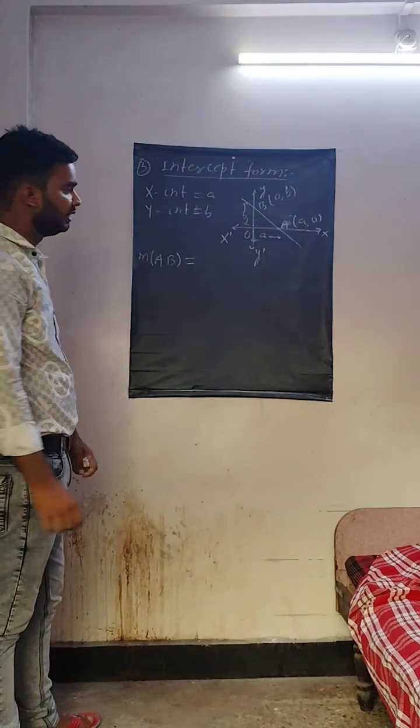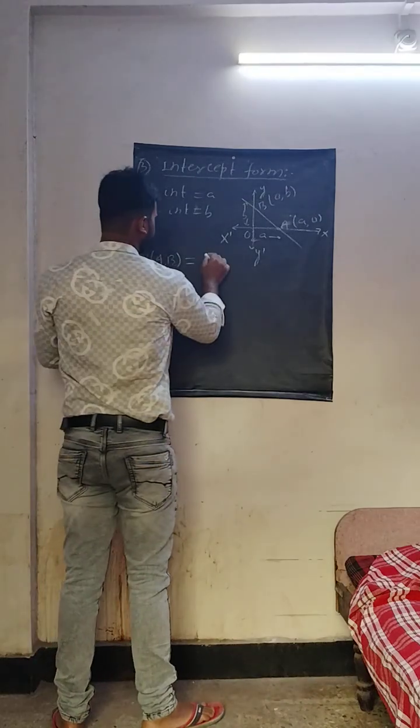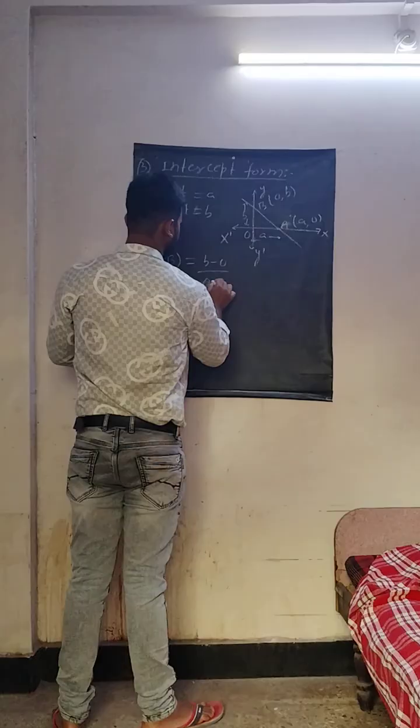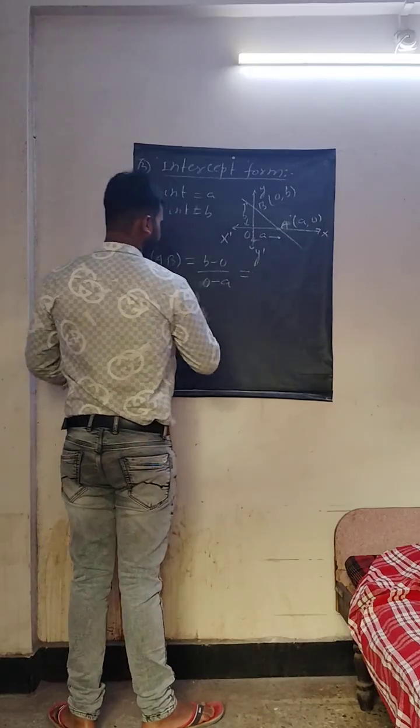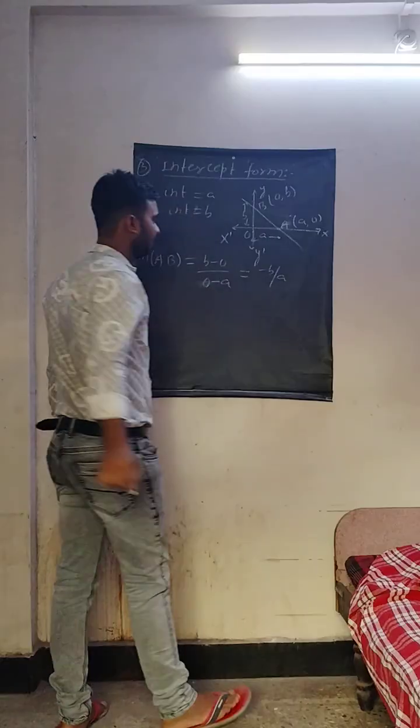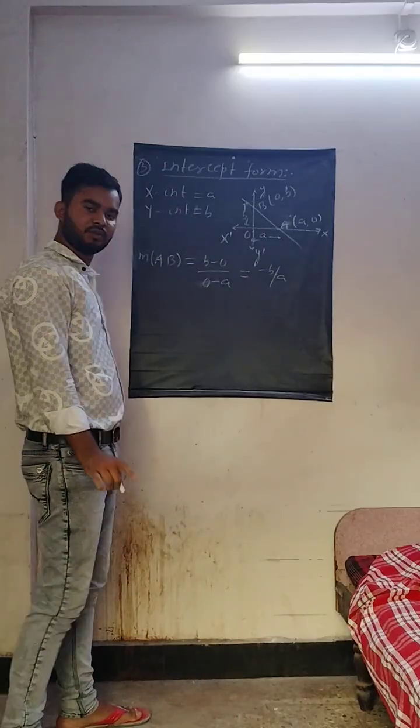The slope of line AB is equal to (y2 minus y1) divided by (x2 minus x1), which is (b minus 0) divided by (0 minus a), that is, minus b by a.